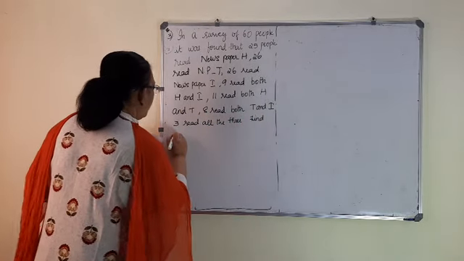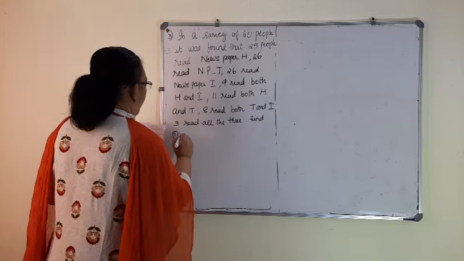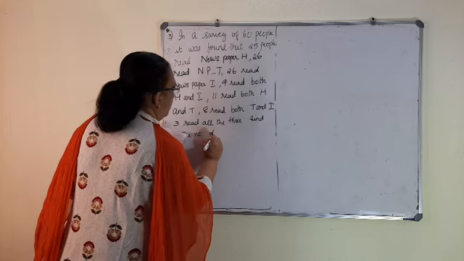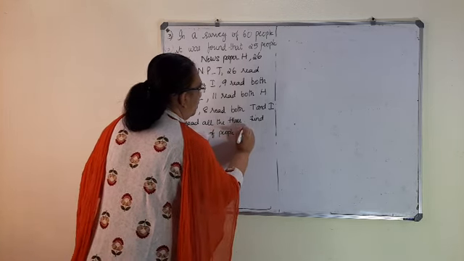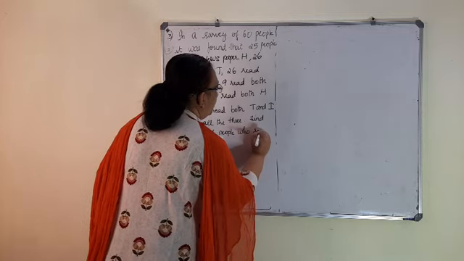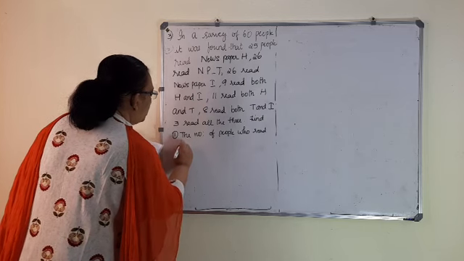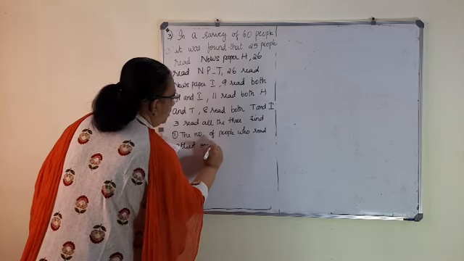There are 2 sub-questions. First sub-question: find the number of people who read at least one newspaper.